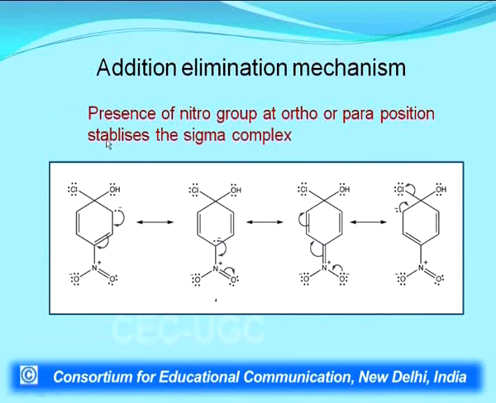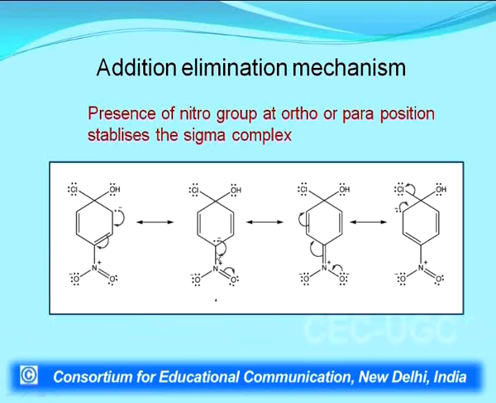How does the presence of nitro group at ortho and para position help? This helps by stabilizing the sigma complex. Now, let us see. This is a situation when the negative charge with a pair of electron is on this carbon, when this hydroxyl group has formed a bond here, and when this negative charge, that is pair of electron, undergoes resonance, if a nitro group is present, say at para position, it gives an extra resonating structure.